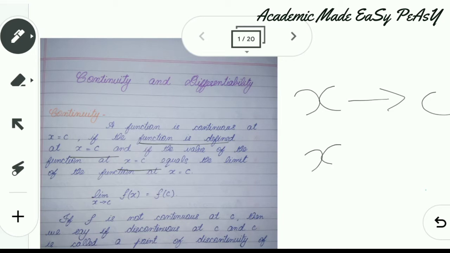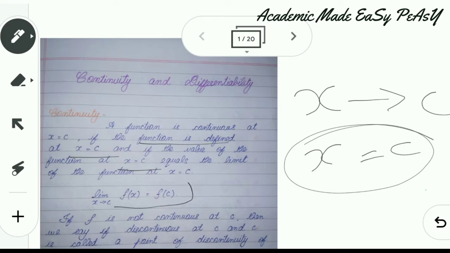If x is tending to c, then it means x is equal to c. We just imagine or assume like this only. So we will be just saying that f of x is equal to f of c. If the condition is true, then we say the function is continuous at the given point.